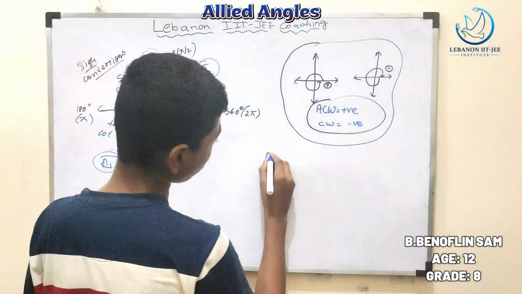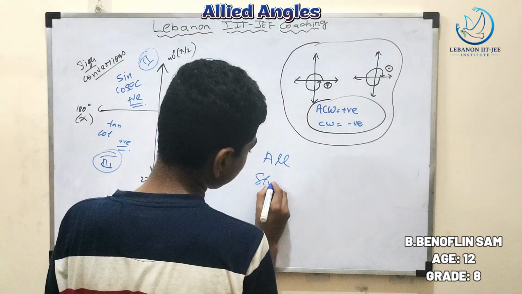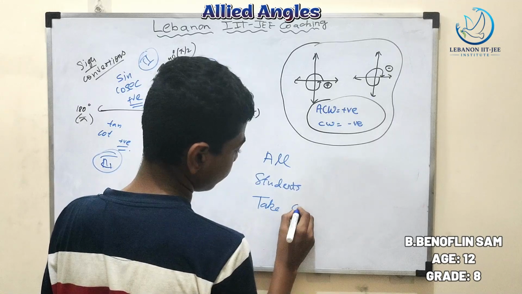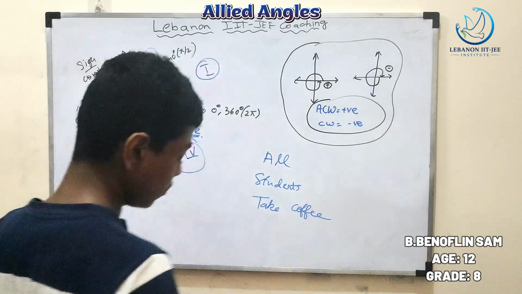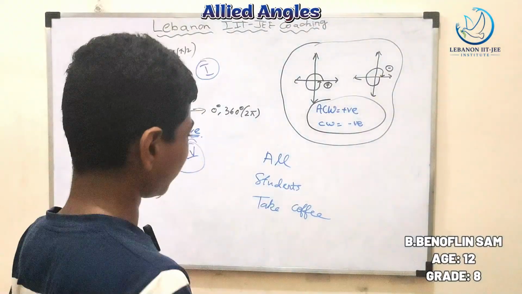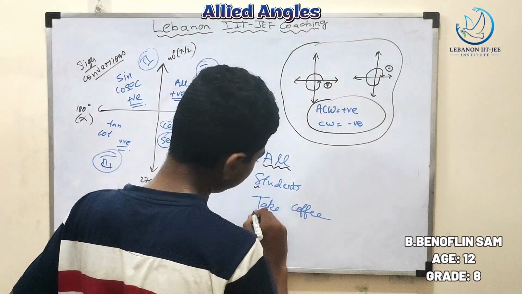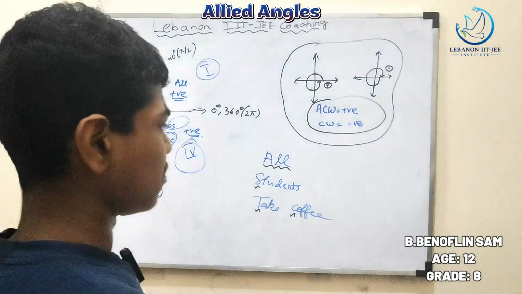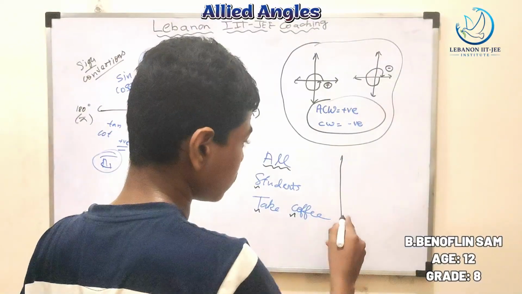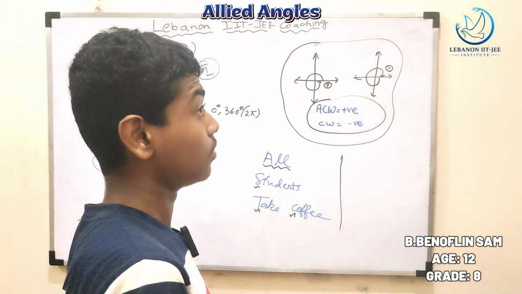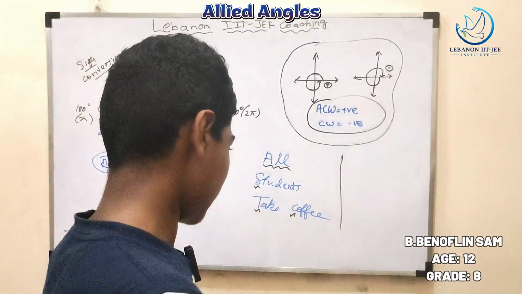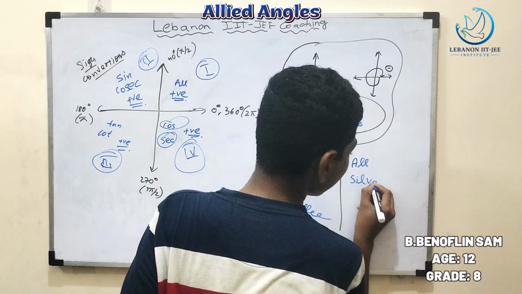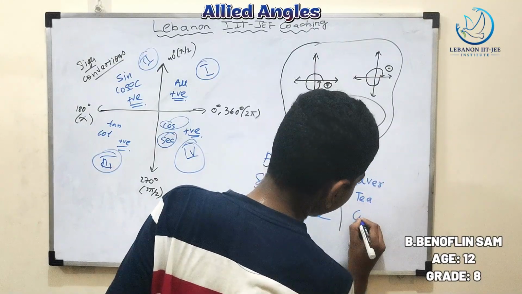It is written as: All Students Take Coffee. At that time I studied like this only: All, sine, tan, cos, and the opposite ones are cosec, cot and sec. A lot of people study this also, but this year I studied another one that they have taught: All Silver Tea Cup.